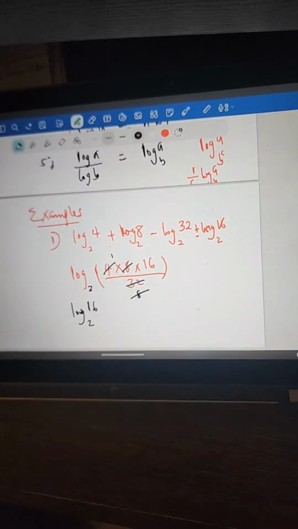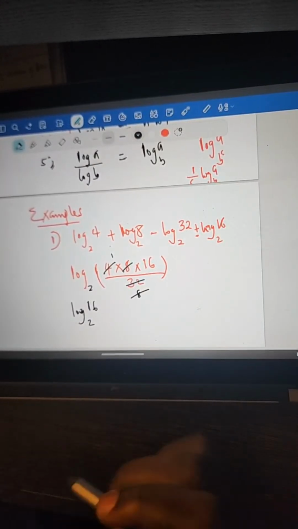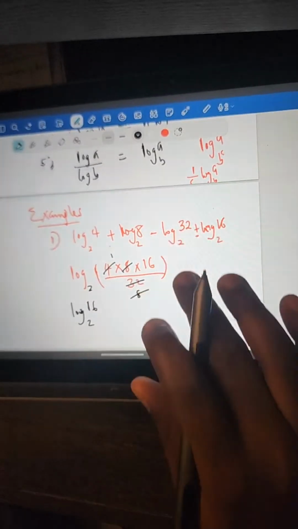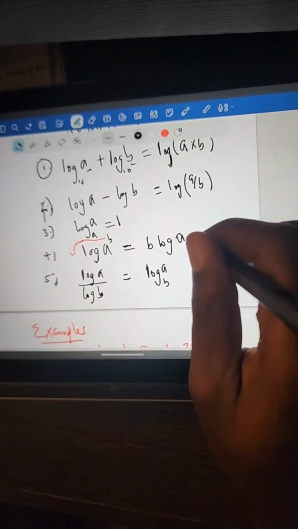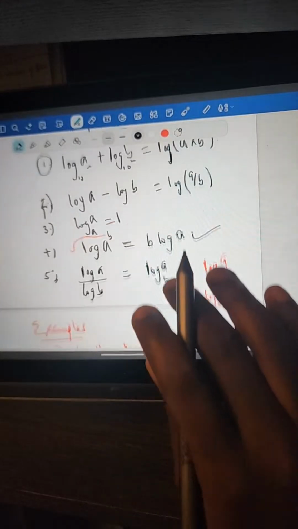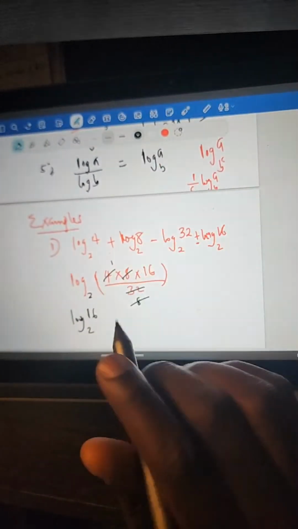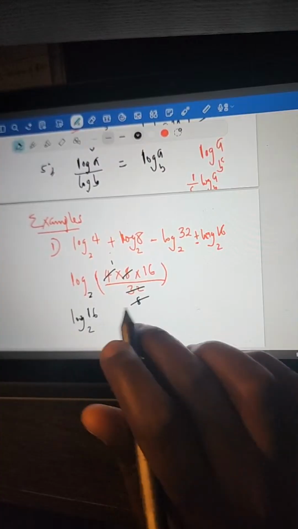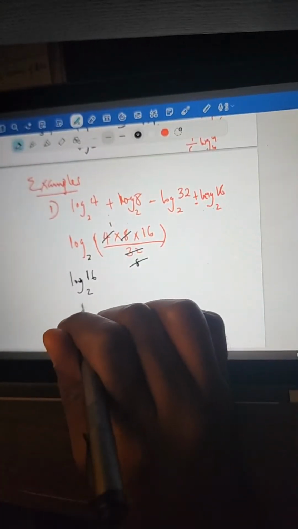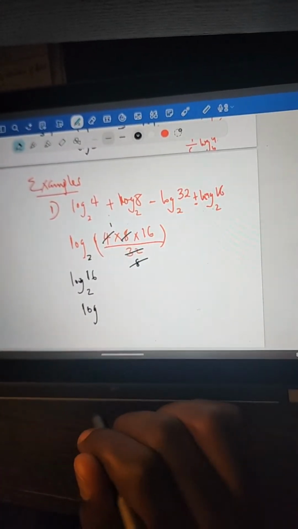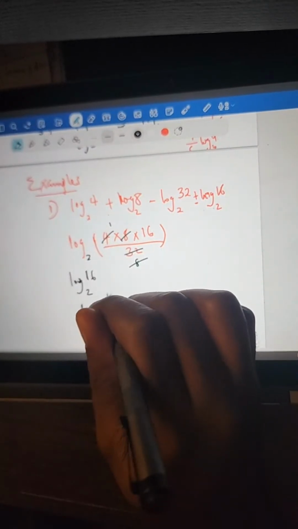Now, log 16 base 2, how do we think we can do this? How can we simplify this? For log 16 base 2, I'm going to use rule number 4 to do this. And for you to use rule number 4, log 16 base 2 can be written as log of 2 to the power of 4.